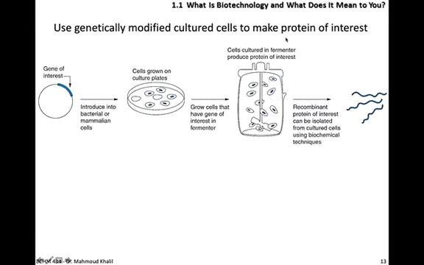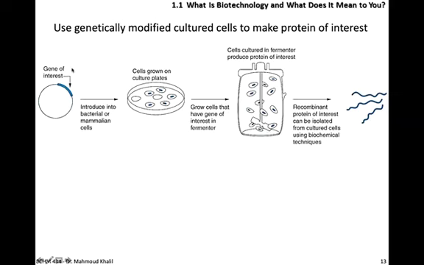So let's hear here an introduction about how they generate some of the biotech products. You can see that you can use genetically modified cultured cells to make any protein of interest. You initially clone, and we'll talk later in the lectures about how they do this process in detail.